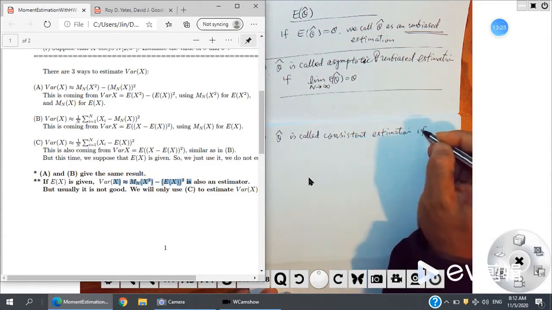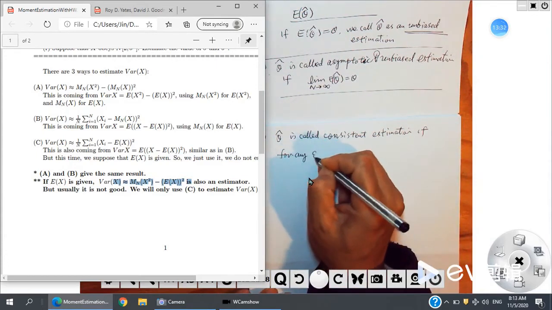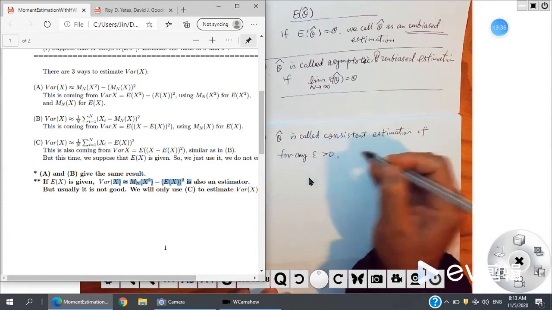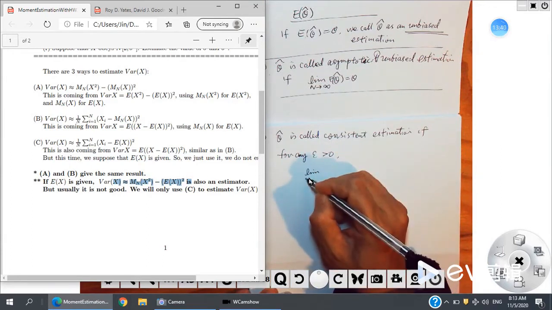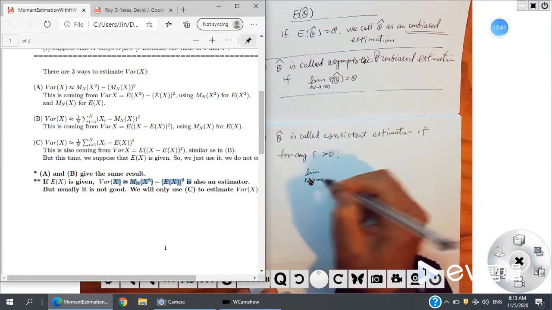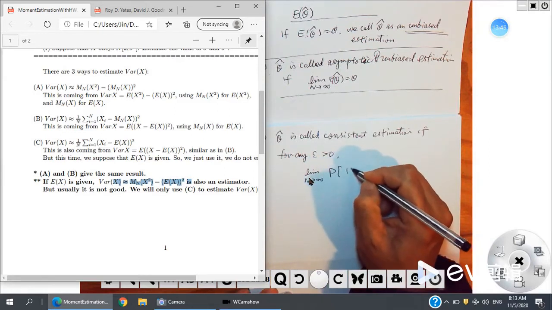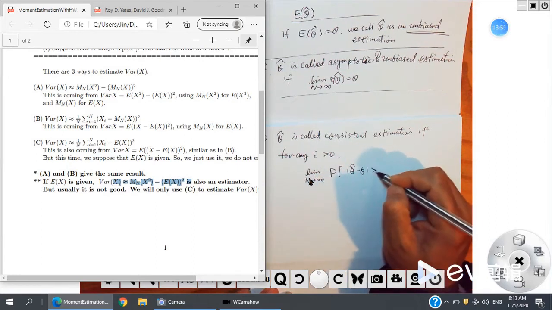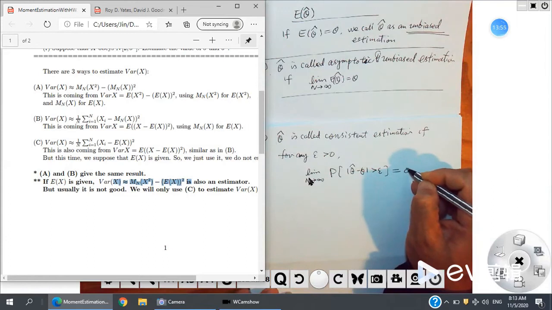If for any epsilon larger than 0, the limit when n goes to infinity of the probability that theta hat minus theta is larger than epsilon is 0.